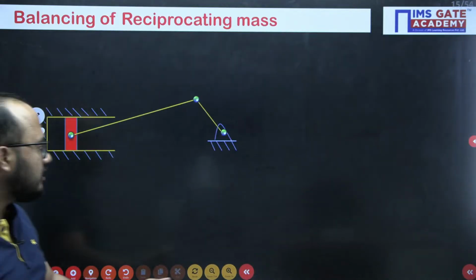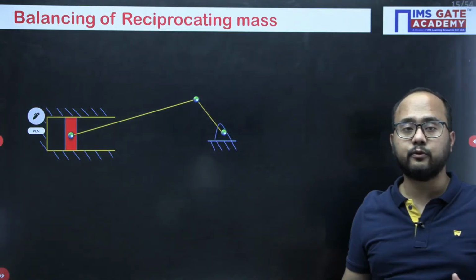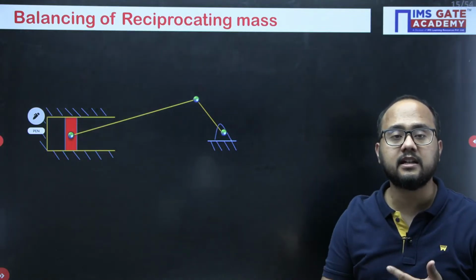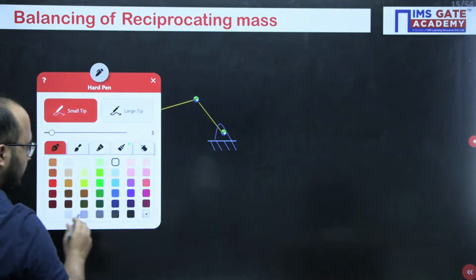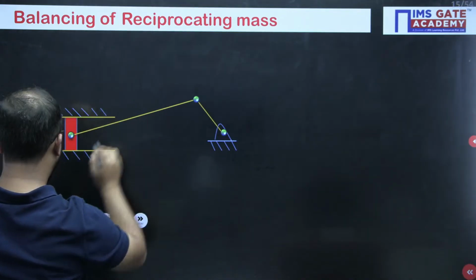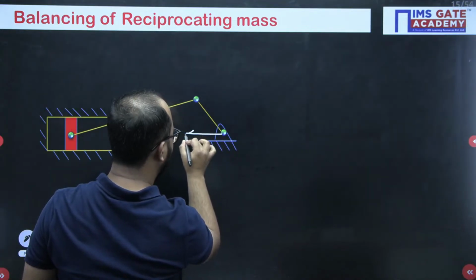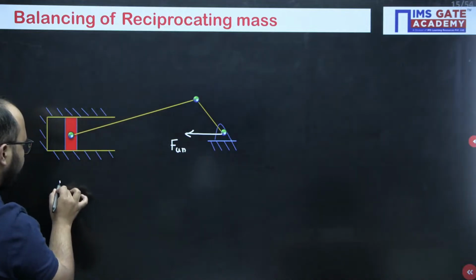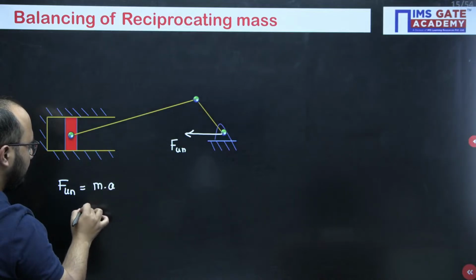In the balancing of reciprocating masses, first of all we need to understand what the unbalanced force is. I hope you remember the acceleration that the slider will have, because this is the basic thing you should know. The unbalanced force is nothing but mass into acceleration.